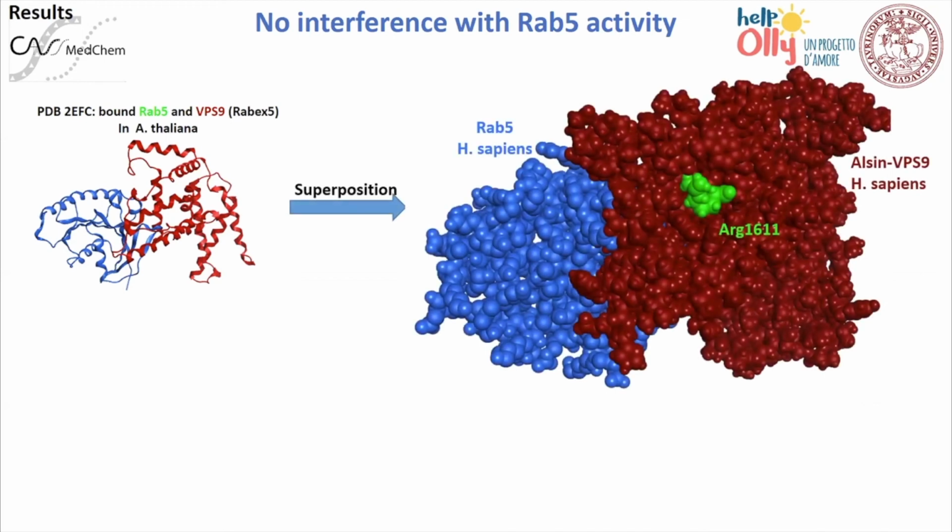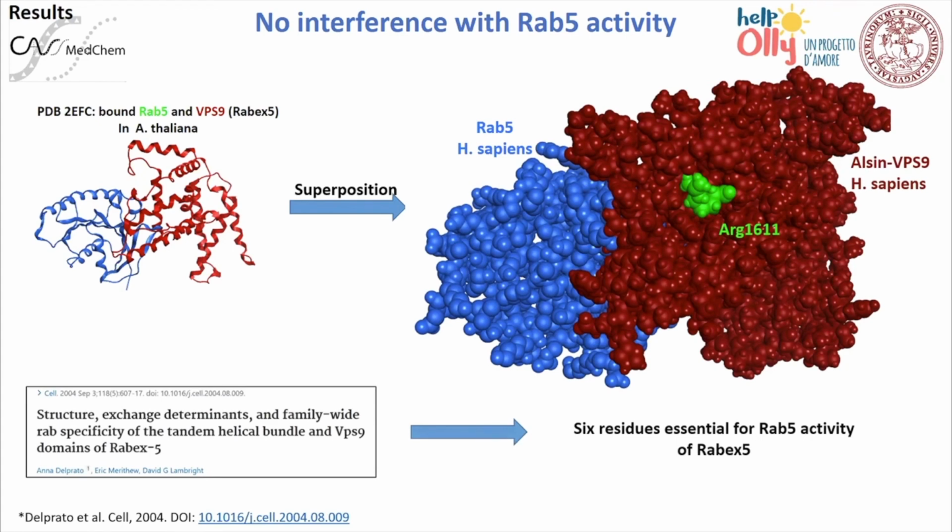Here I'm depicting a representative example that shows us, by simple visual inspection, that the mutated residue, here highlighted in green, is totally on the other surface of the protein, on the other face, than the interaction surface with Rab5. So supposedly there is no interference.